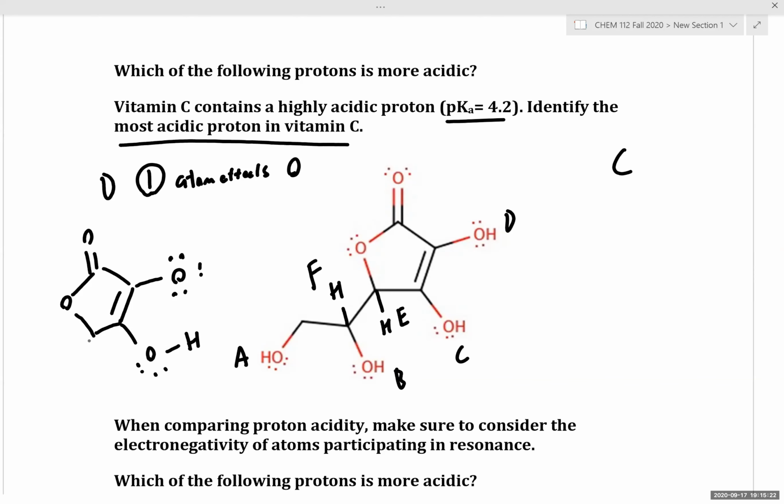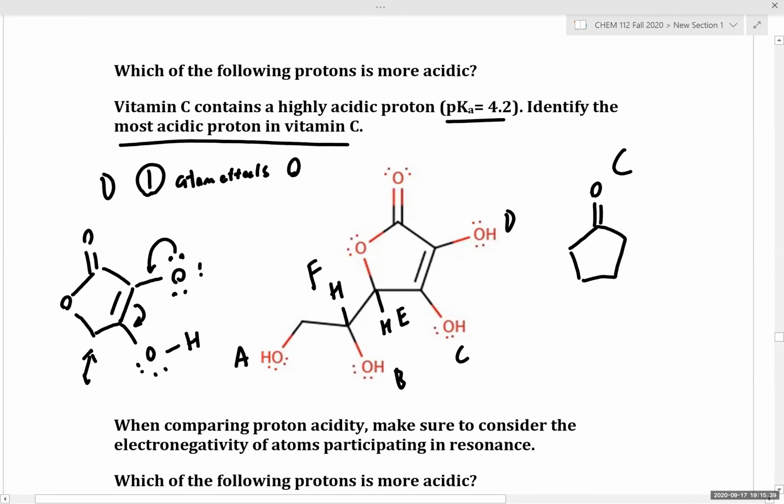Now, if we think about how we can delocalize our lone pair, we can delocalize our lone pair via resonance onto our adjacent carbon atom. Wonderful. Let's look at proton C. Ironically enough, in a vitamin C example.